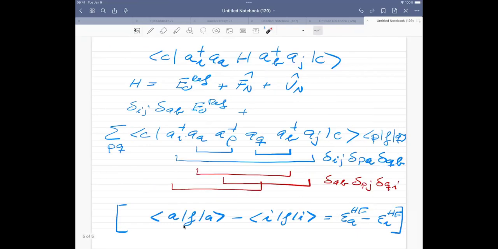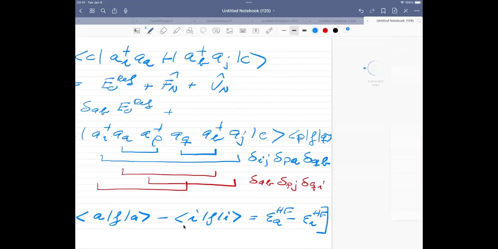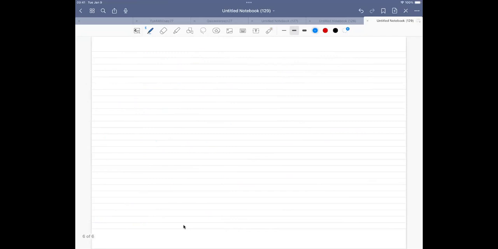Now let's take the final term. We have a plus of V here, and this is also something which we calculated earlier. So we have plus, and we are looking at the anti-symmetrized matrix elements. We have a sum over all possible states PQRS, and then we have the integral in terms of what we call anti-symmetrized matrix elements.